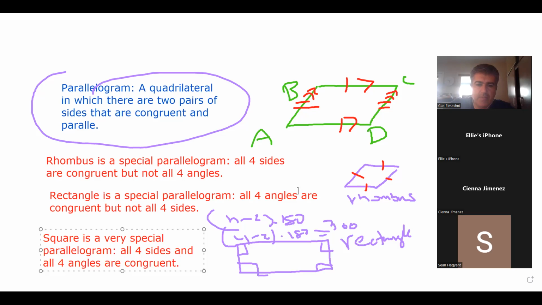In fact, actually, a square is also a rectangle. Sorry, I take it back. Well, no, it is. Yeah, a square is a rectangle. It's a special rectangle. A square can also be considered a rhombus. It's a special rhombus because it not just has all four sides, but also the angles. And a rectangle is all four angles, but not necessarily all four sides. So actually, let me rephrase.